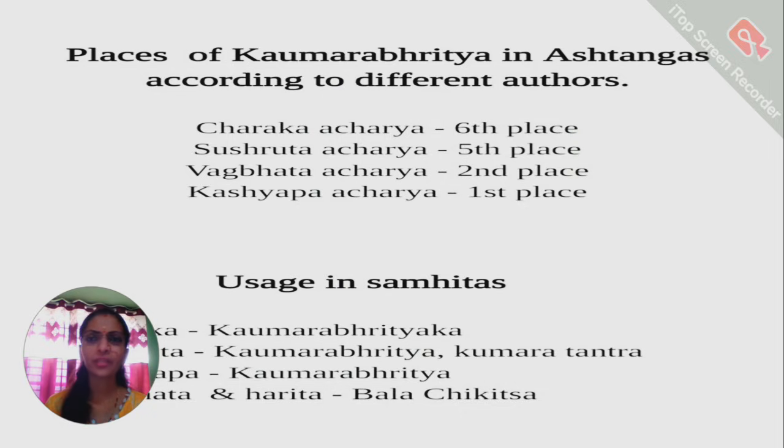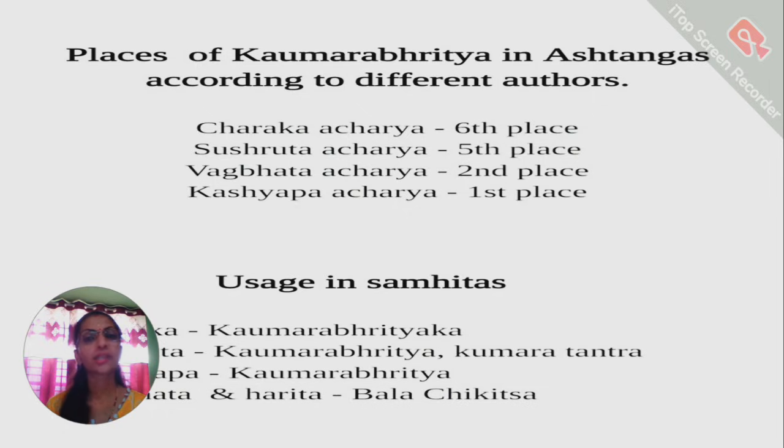Places of Kaumarabhritya in the Ashtangas according to different authors: as we know, the Ashtangas are explained by all authors, but all mentioned the place of Kaumarabhritya in the Ashtangas in a different manner. According to Charakacharya, Balaroga, that is Kaumarabhritya, has the 6th place. Sushruta Acharya gave the 5th place.